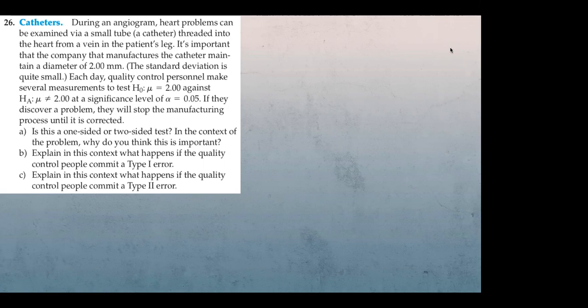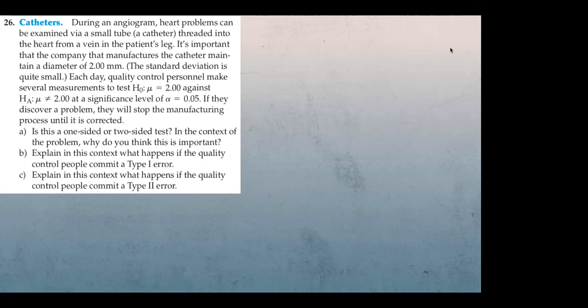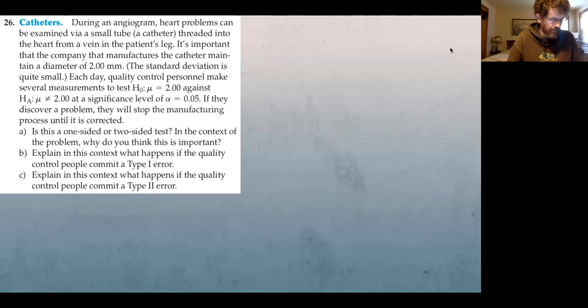Two-sided. It's two-sided. How do we know it's two-sided? Because the alternative hypothesis is not equal to. There you go. And that's the giveaway right there. Very good. So in the context of the problem, why would this be important? What do you think?